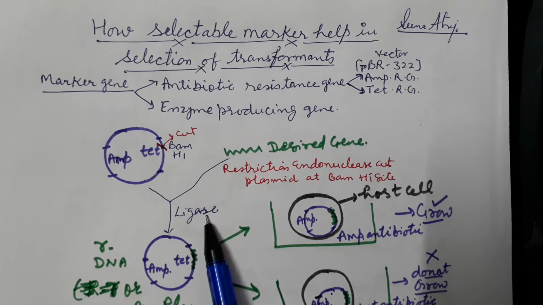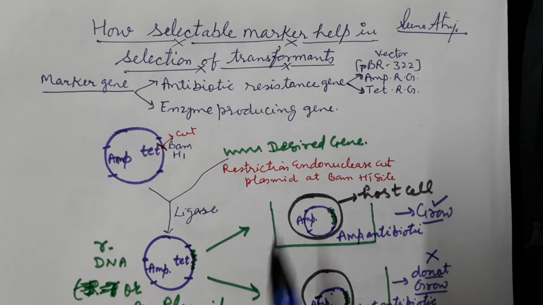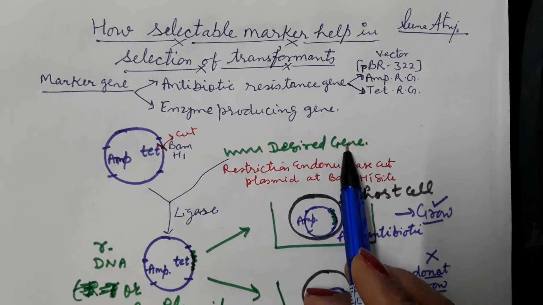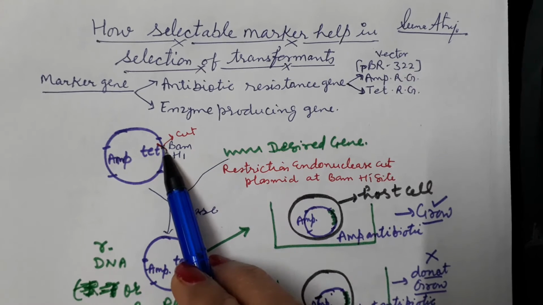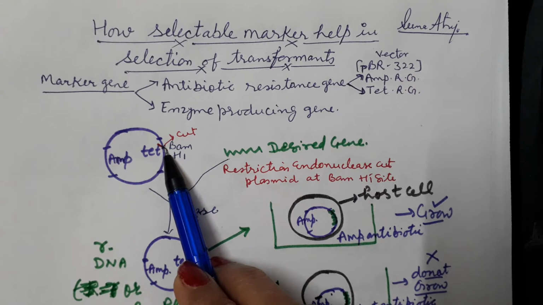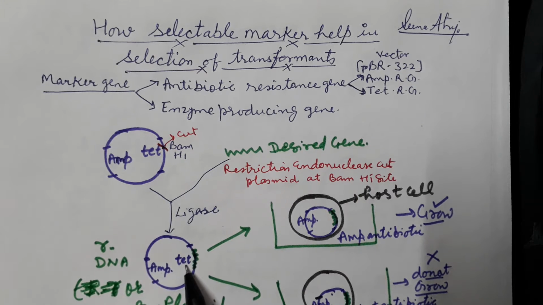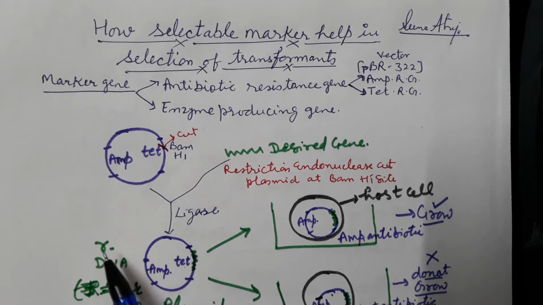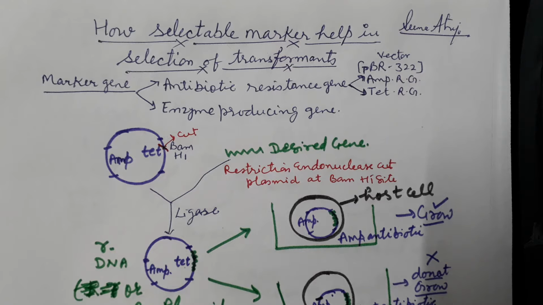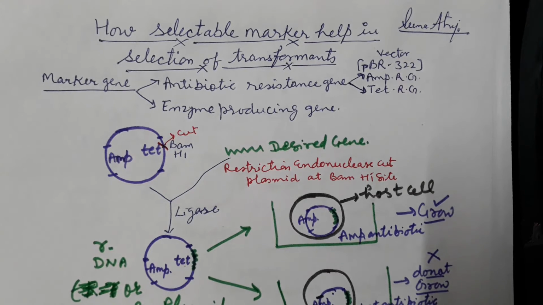What is the function of ligase? It helps in ligating the desired gene at the BamHI site. So the desired gene is inserted into the vector at the BamHI site of the tetracycline resistance gene, and this becomes our recombinant DNA, or recombinant plasmid.